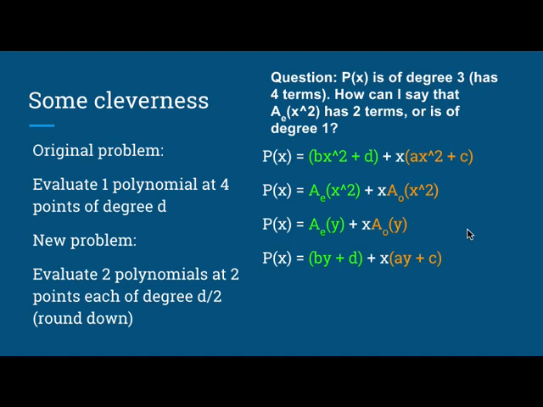No problems here. And then what does this polynomial become? Do you see what's happening? Now these are polynomials of half the degree. They've lost half their degree just by the fact that we substituted x squared as y.